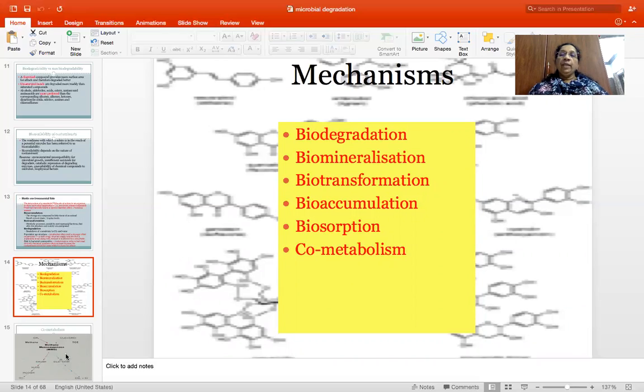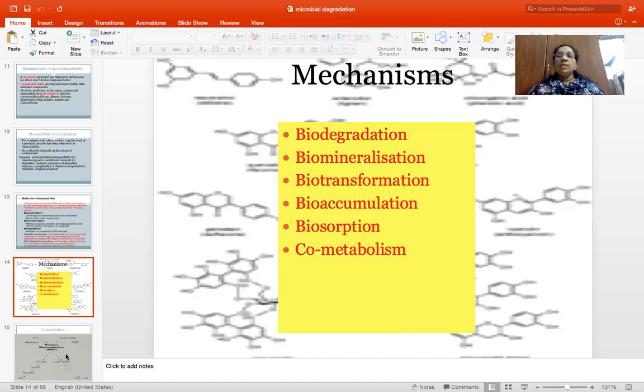So what is biodegradation? Biodegradation is a general term where a parent compound is degraded or converted into simpler compounds. And biomineralization is very specific compared to the term biodegradation. The degradation proceeds in such a way that the end products are carbon dioxide and water, that is the mineral counterparts.